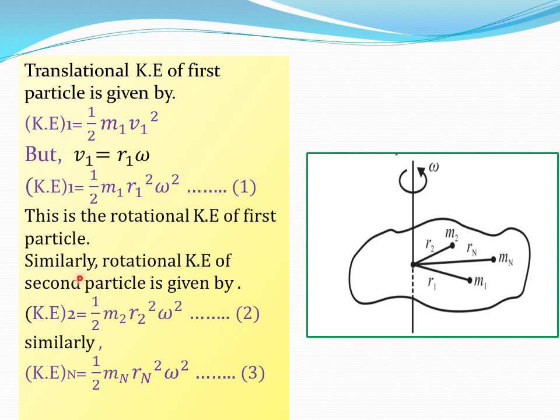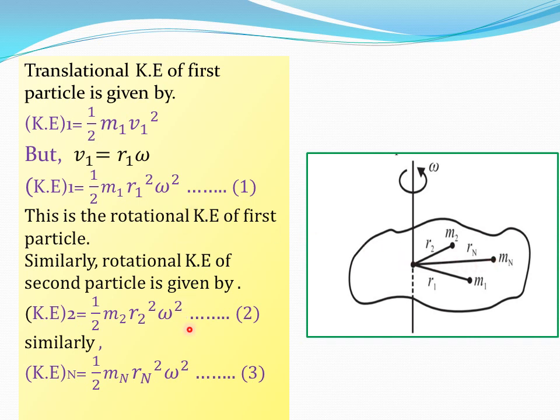Similarly, the rotational kinetic energy of the last, nth particle is 1 upon 2 m of n r of n square omega square. This is equation number 3.